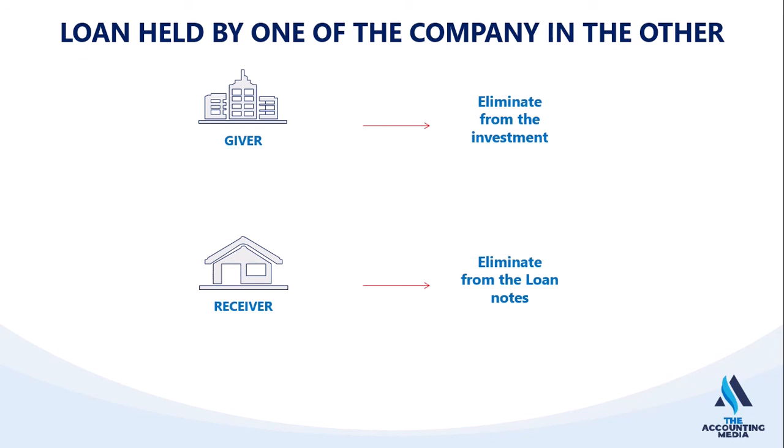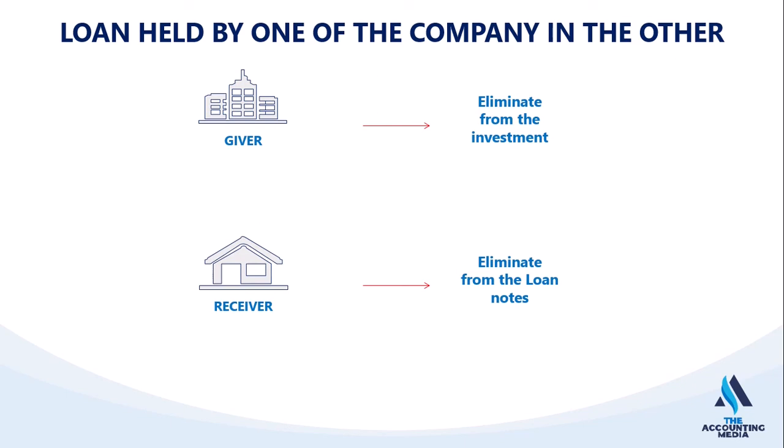It is very easy. From the giver's account, let us assume that the parent is the giver now. It means that if I have a loan note in another company, it is an investment to me as the giver. What I will do is very easy. It is part of my investment, but because of the fact that the giver and the receiver are within the group, I have to eliminate it from my investment.